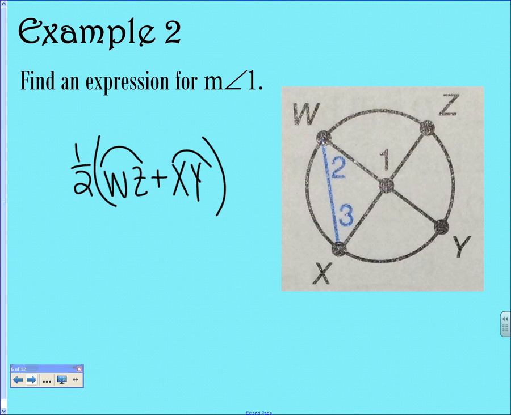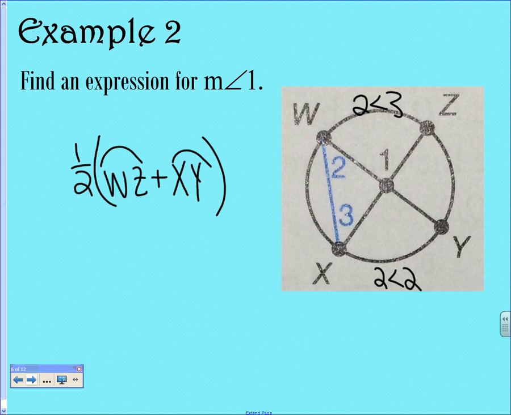If you really wanted to use angles 2 and 3, this is 2 times angle 2, right? Because it's double the intercepted arc. And this one will be 2 times angle 3, right?